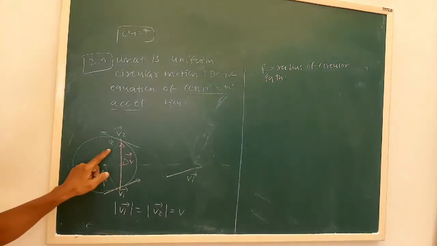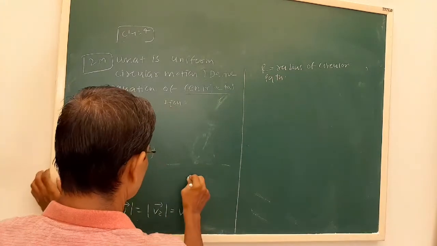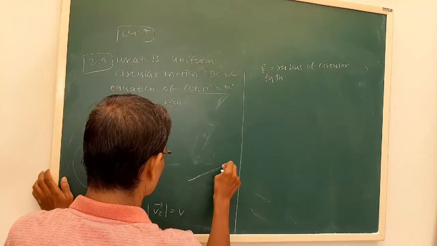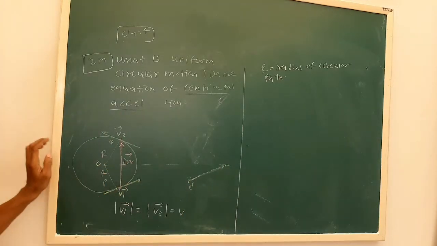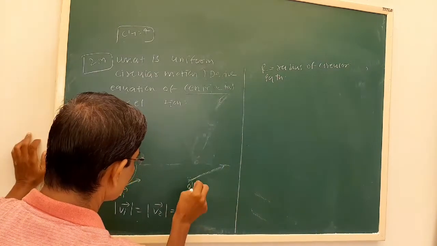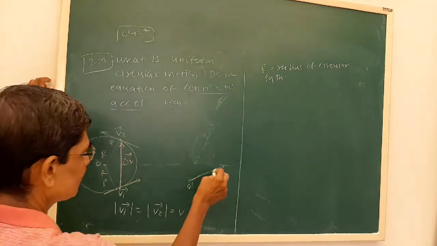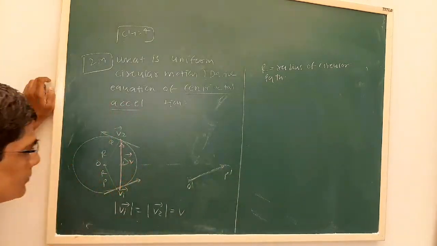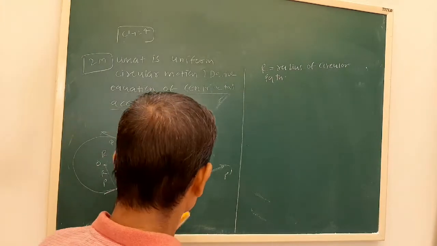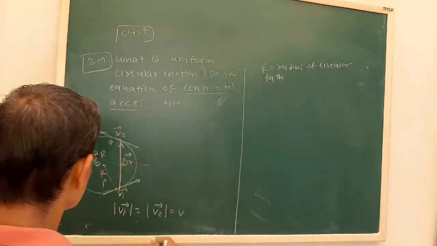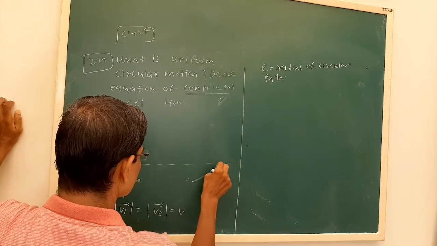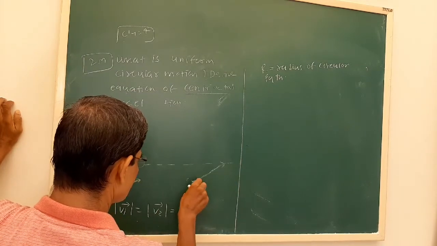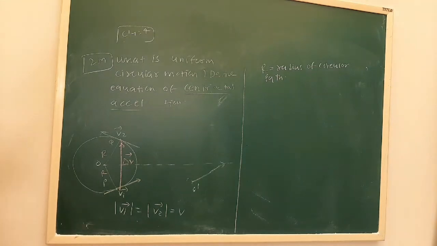Okay, and O dash, I am saying this is O, the radius center, O dash. Now P here I am showing as P dash. Okay, now this is nothing but our V1.